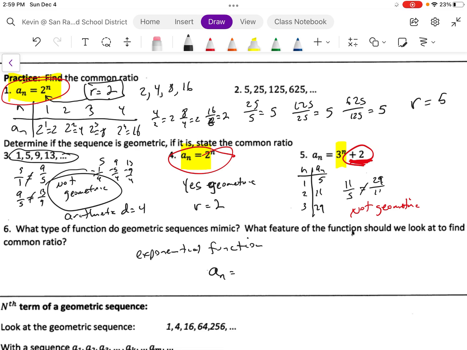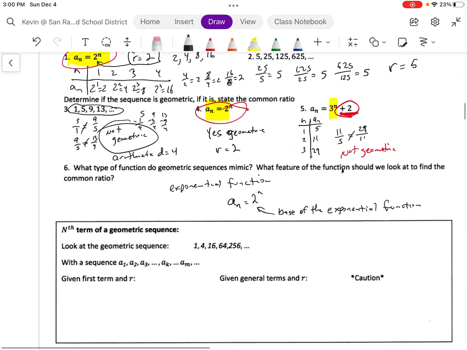Using that example we had, here's an exponential function, and that 2 is the base of the exponential function.